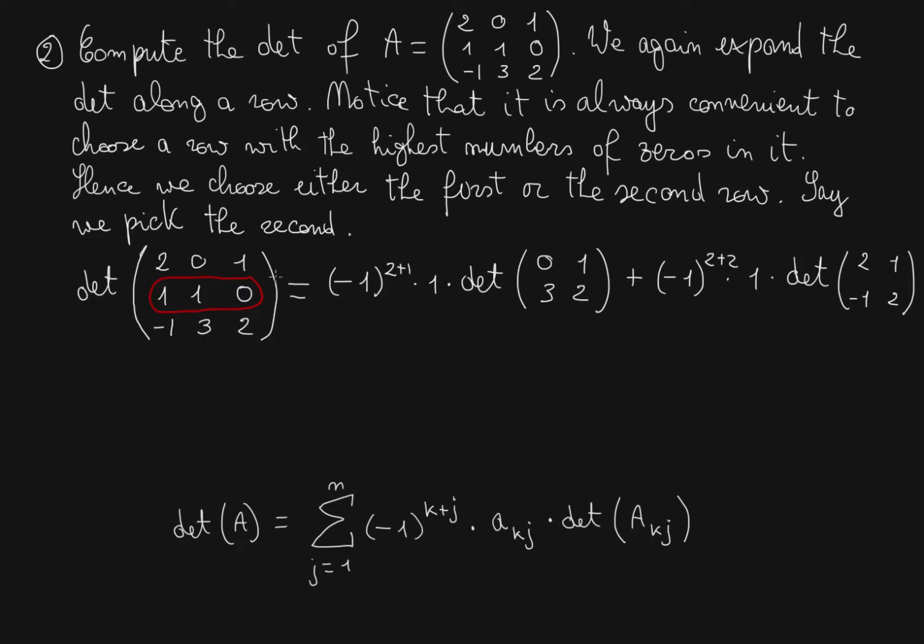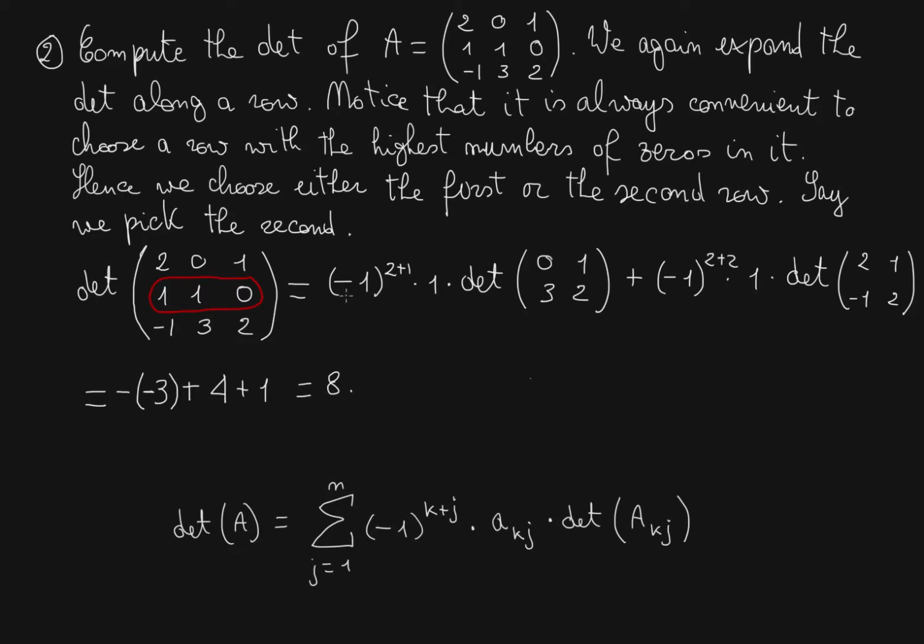The remaining matrix will have as the first row 2 and 1, and as the second row -1 and 2. We have an expression of the determinant as 2 summands, of which we have to compute one determinant each of a 2 by 2 matrix, of which we know the formula that we already computed in 2 different ways.